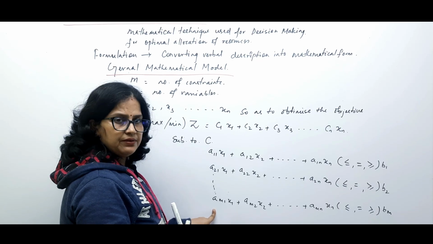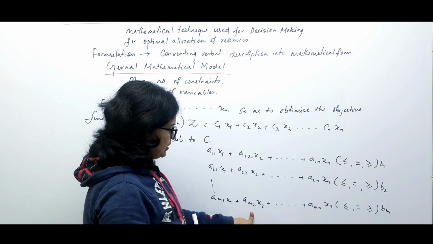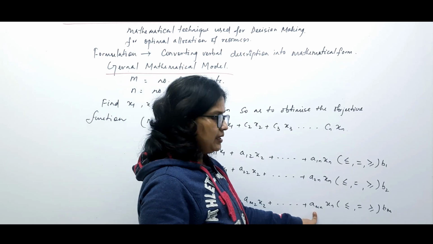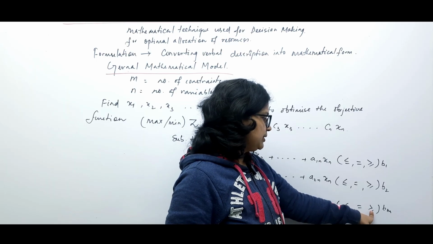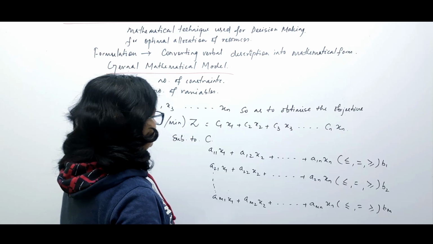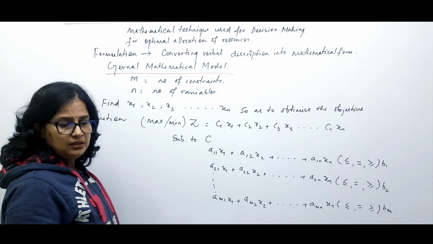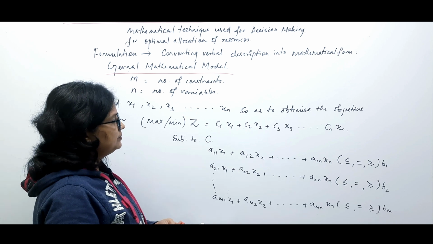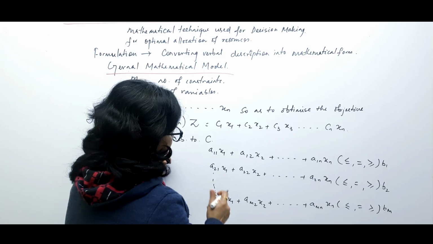Like this we write am1 x1, am2 x2, up to amn xn, less than or equal to or greater than or equal to bm. So this is the general mathematical model.